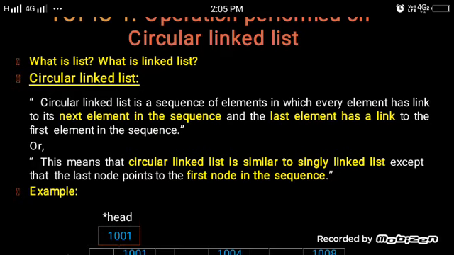A circular linked list is a sequence of elements in which every element has a link to its next element in the sequence, and the last element has a link to the first element.